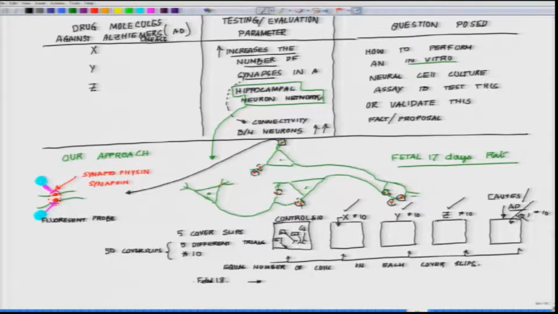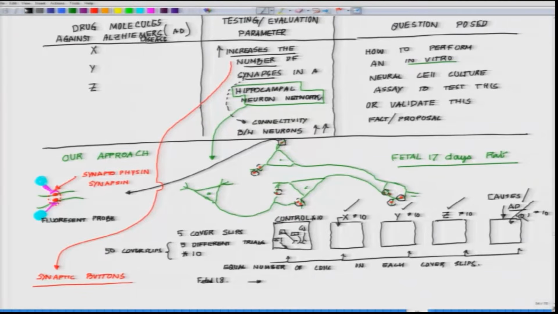So, what am I quantifying here? I am quantifying this in terms of synaptic buttons. Now you see, try all these 3, then you have this Q, and here you realize you have to add 3 more treatments.